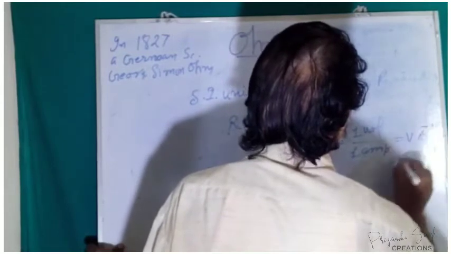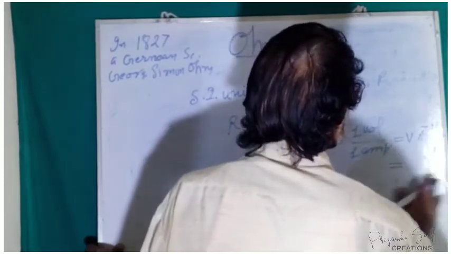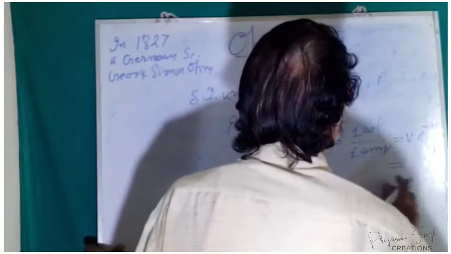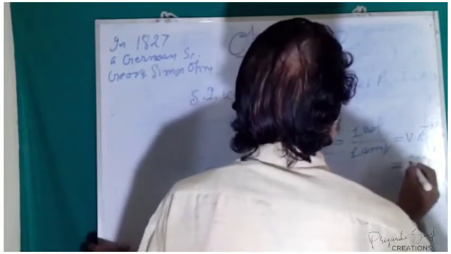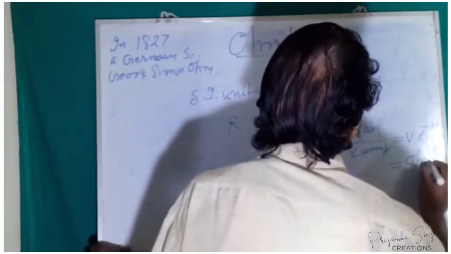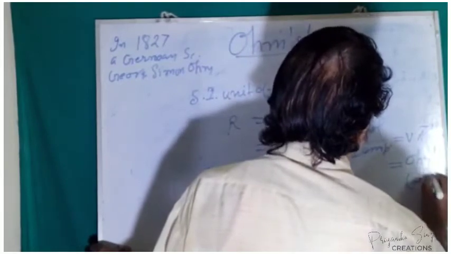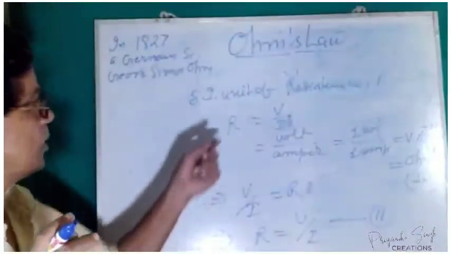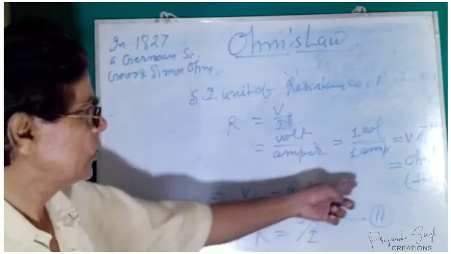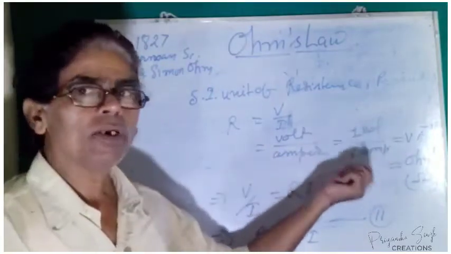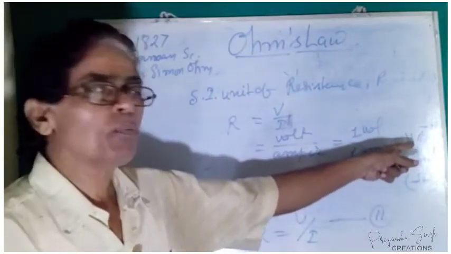Volt per ampere is given another common name, that is ohm. The SI unit of resistance is ohm. What is ohm? That is volt per ampere.